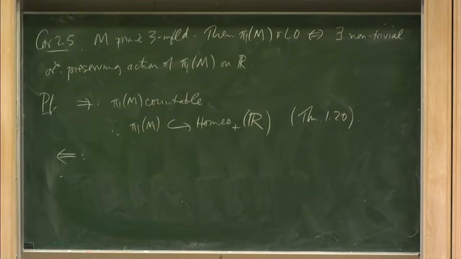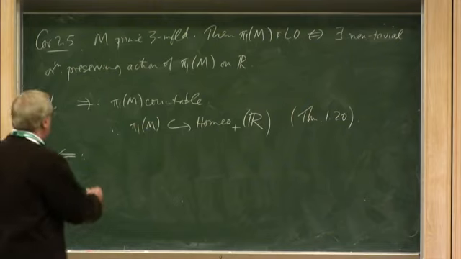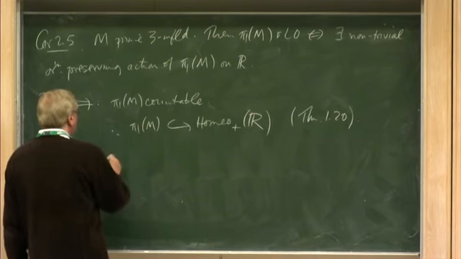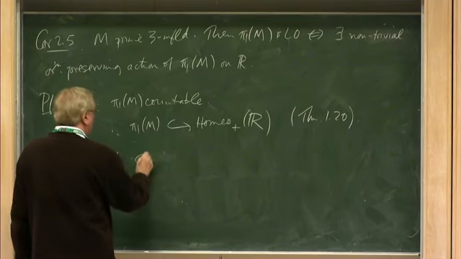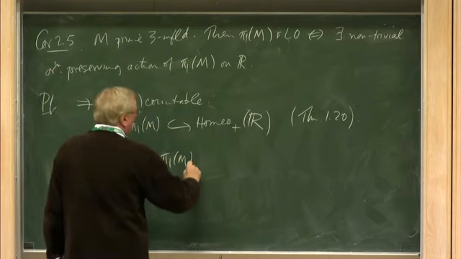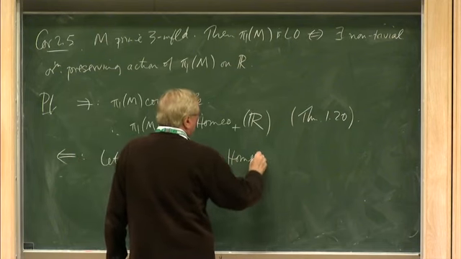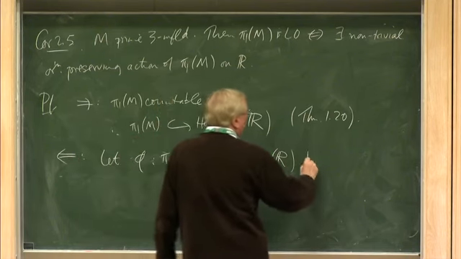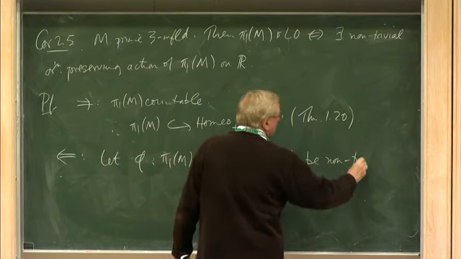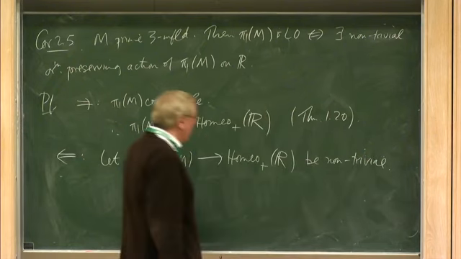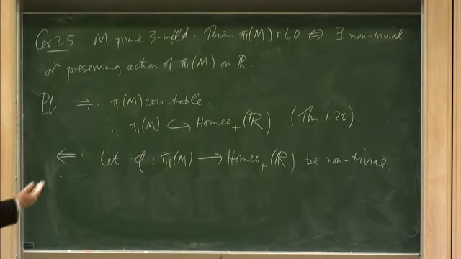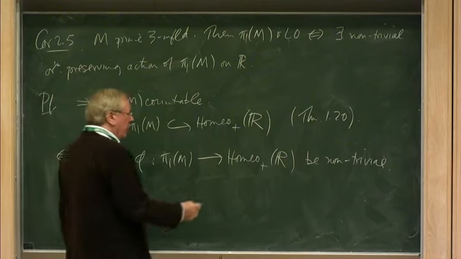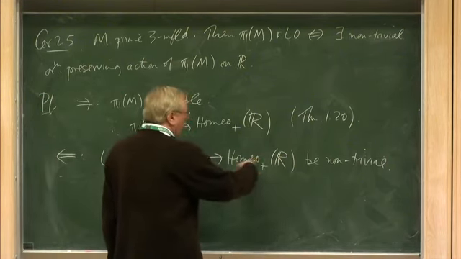It's pretty obvious, right? If you've got a non-trivial orientation preserving action, that means that we have a non-trivial homomorphism from pi 1 of M to Homeo plus R. That's exactly what it means. So I pointed out in the lecture this morning that the group of bijections of a totally ordered set that preserve the total order is always left orderable.